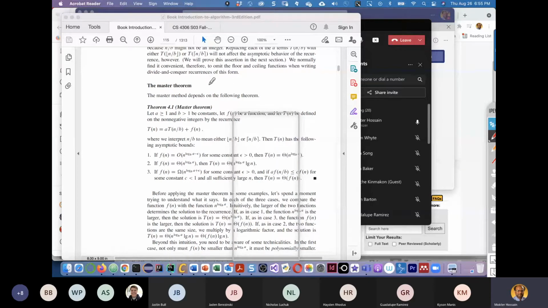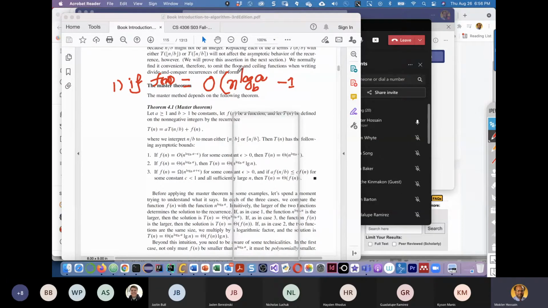Now, case one: if f(n) equals O of n to the power log of a with base b, minus 1.